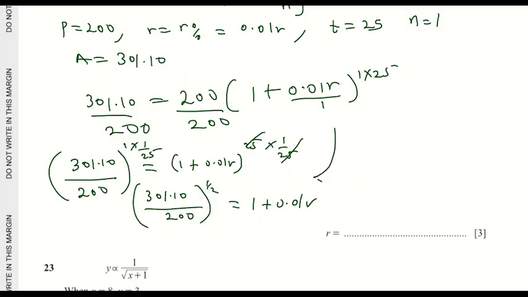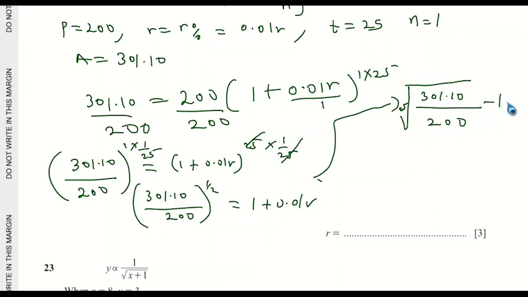Let's take this one to this side now. So this is the same as 25 into 301.10 over 200. Then I can bring 1 to the left hand side, so the whole of this minus 1 equals 0.01R.